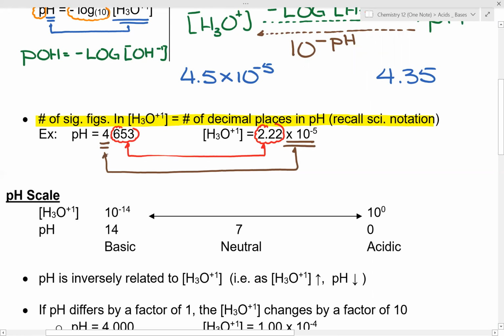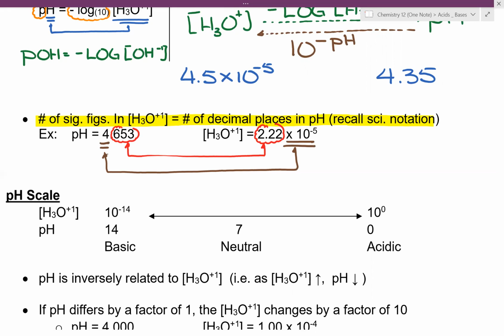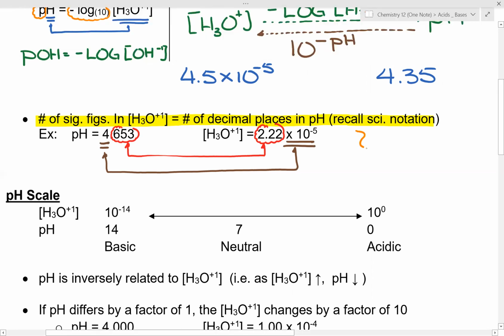So in this case, 4.653 has 3 decimal places in the pH. That represents 3 sig figs in the H3O plus concentration. So again, the number of sig figs in the H3O plus is equal to the number of decimal places in the pH. This is something that you should be aware of.